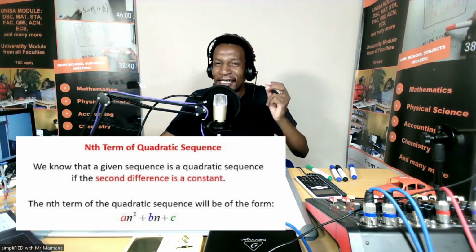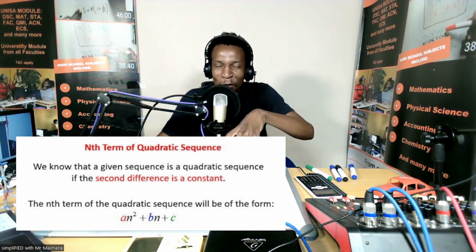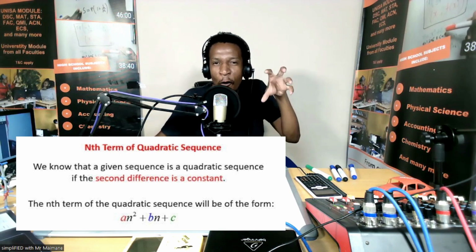The second property is that the nth term of this sequence has to form a quadratic function of some sort. This is what I mean.